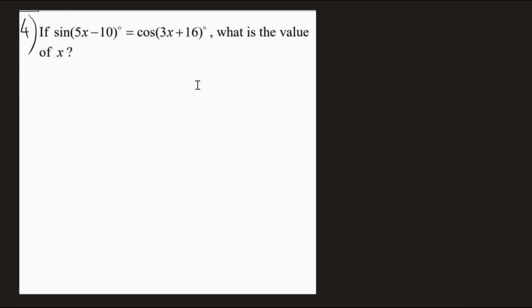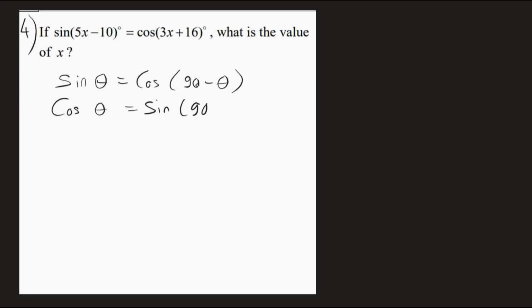To solve this question, we have to use the complementary angle theorem, which says that sine theta equals cosine of its complementary angle, 90 minus theta, or cosine theta equals sine of 90 degrees minus theta.